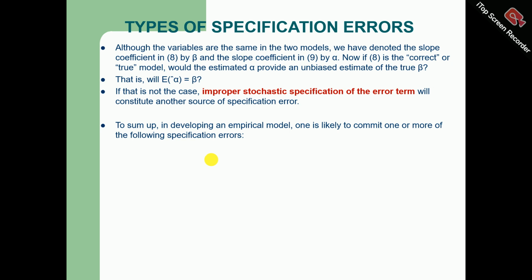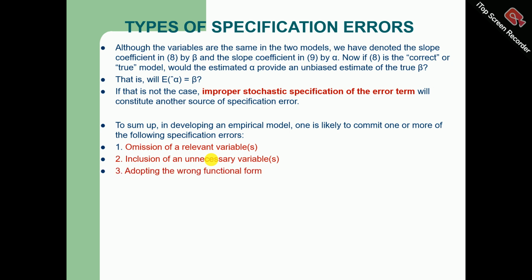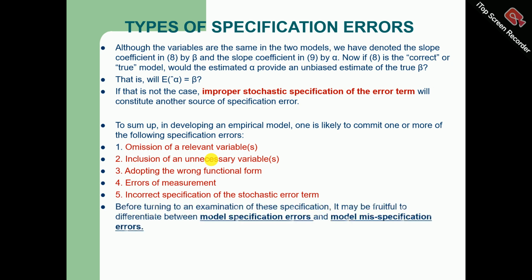We may commit omission of a relevant variable or variables, or we may commit the error of including an unnecessary or irrelevant variable or variables, or we may use the wrong functional form of the model, or there may be errors of measurement in the variables, or there may be incorrect specification of the random error term.